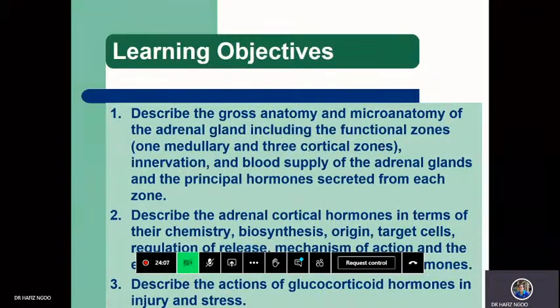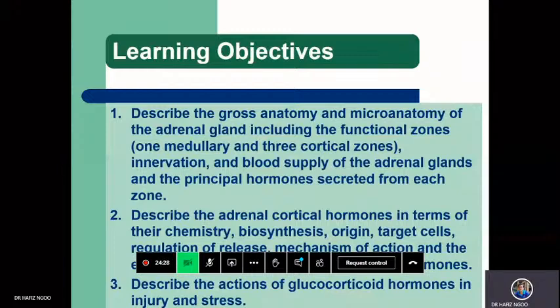Okay, so we are going to look at the learning objectives. There are basically just three because we are looking at the adrenal cortex. The first one is describing the gross anatomy and microanatomy of the adrenal glands, looking at the functional zones, innervation, and also blood supply.